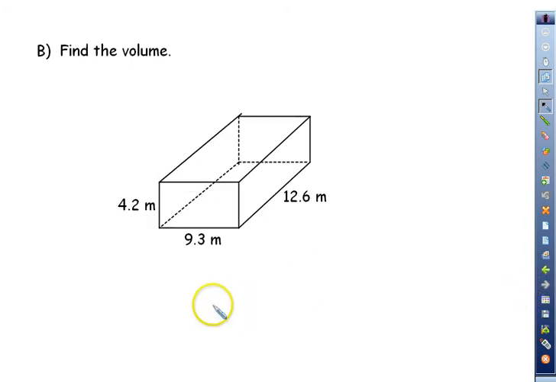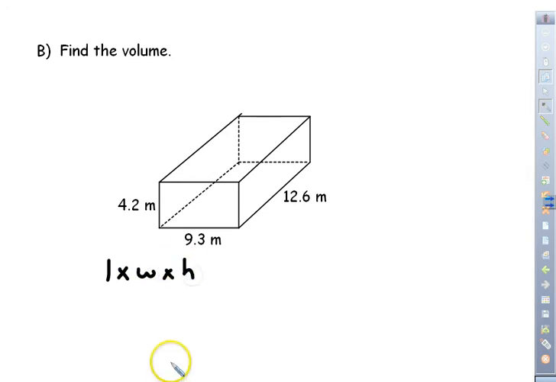Find the volume, so go ahead and hit pause and then solve. All right, again, length times width times height. Length is usually going to be your longest measurement, times width, 9.3, times the height, how tall it is, 4 2/10.